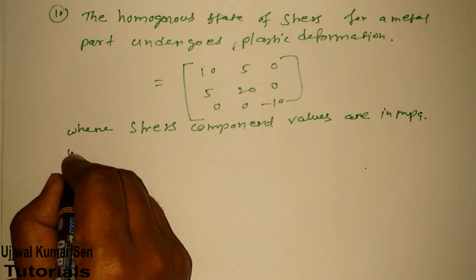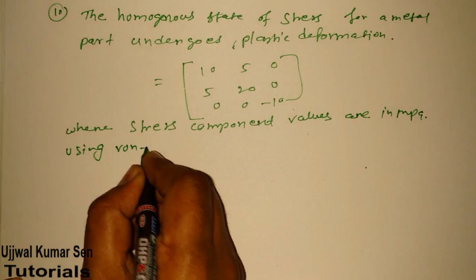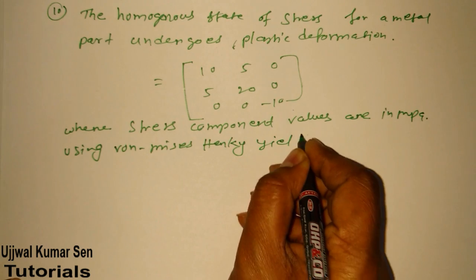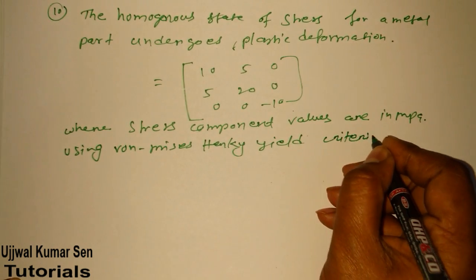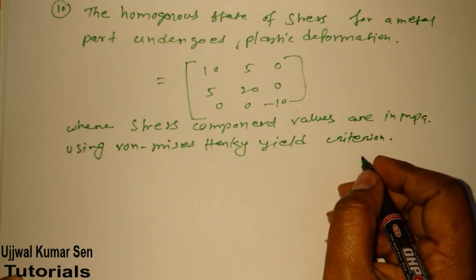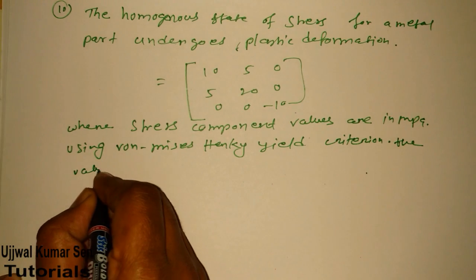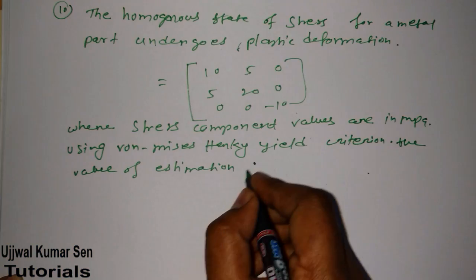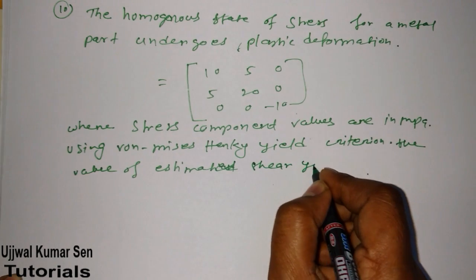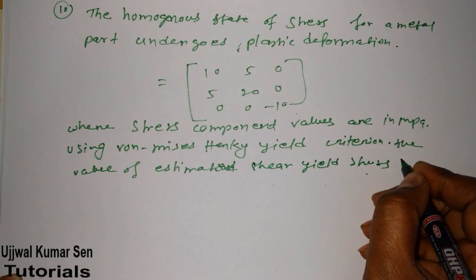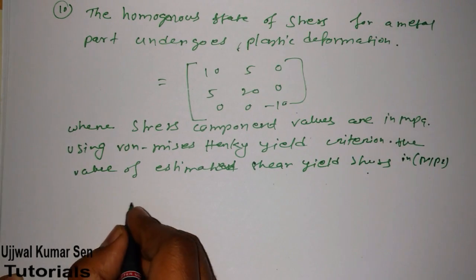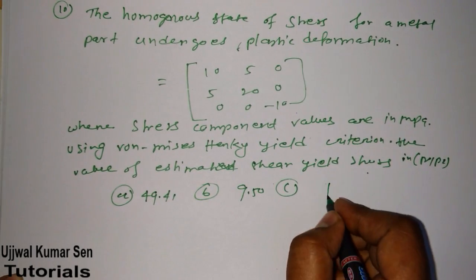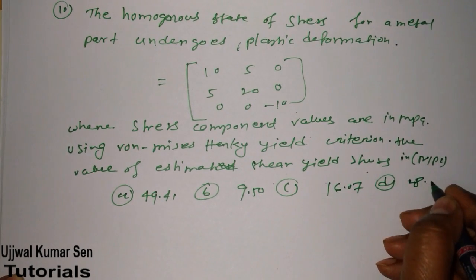Using the von Mises Hencky yield criterion, the estimated shear yield stress in megapascal is: A is 49.41, B is 9.50, C is 16.07, and D is 28.52.